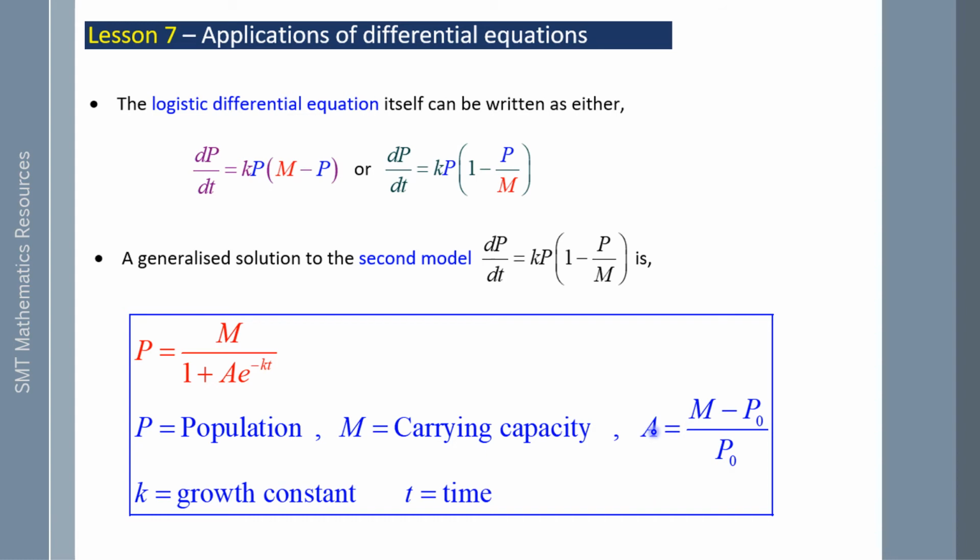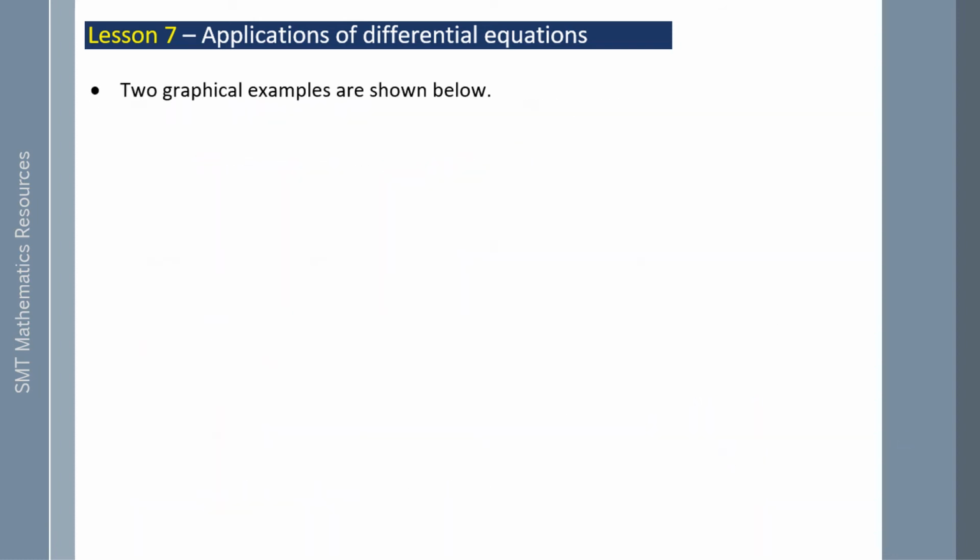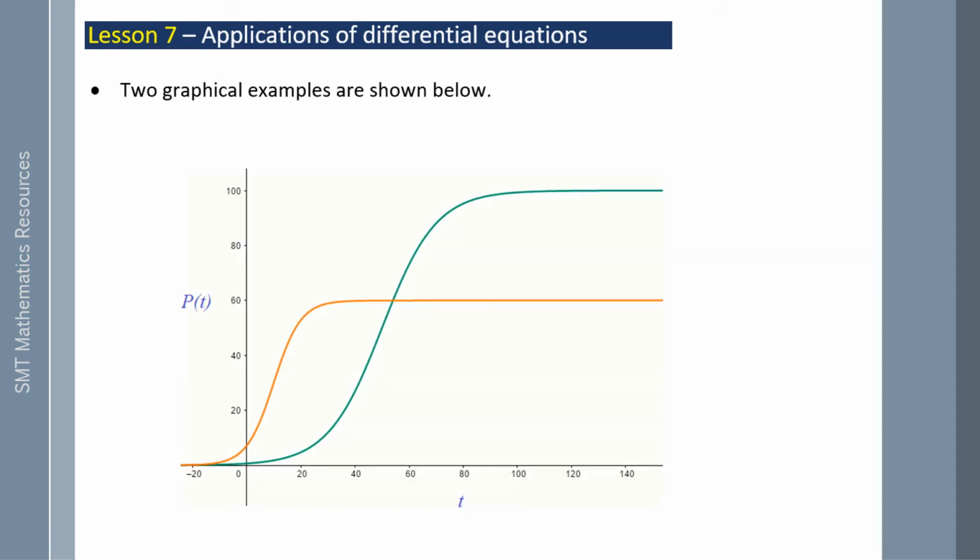Note that A is the carrying capacity, subtract the initial population, over the initial population. Now we can solve that differential equation to show that this is a generalized solution. Two graphical examples are shown below of further logistic models.